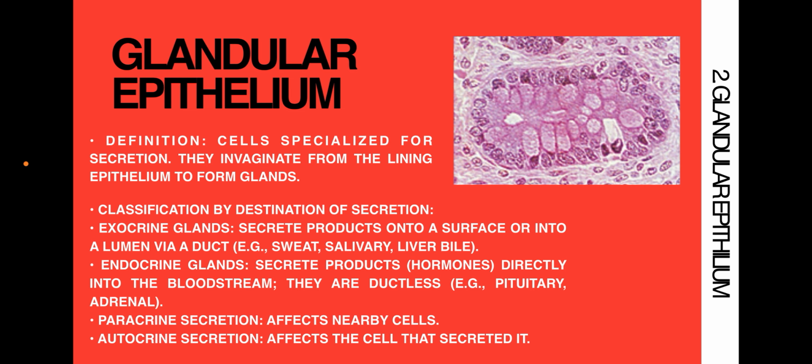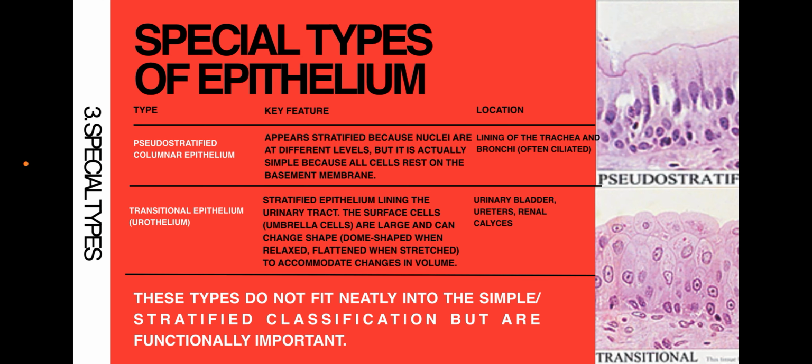Okay, an independent one. Anyway, let us move now to the third type of epithelium, a category that contains the special types, and actually these types do not fit neatly into the simple or stratified classification but are functionally important.